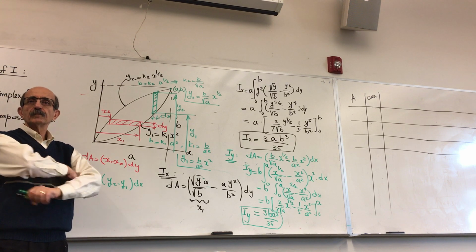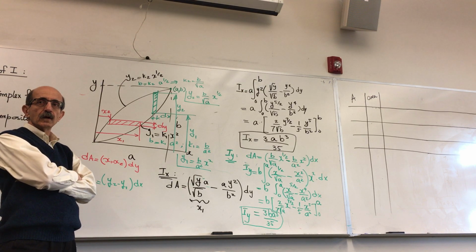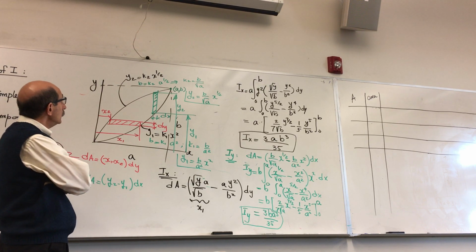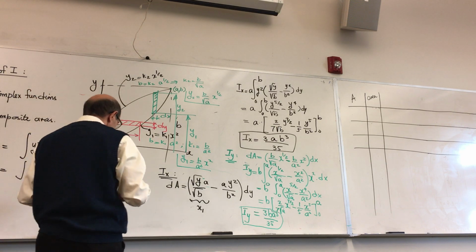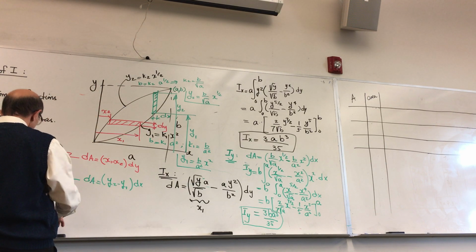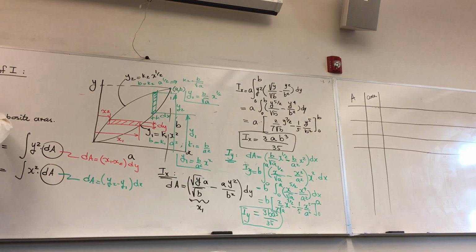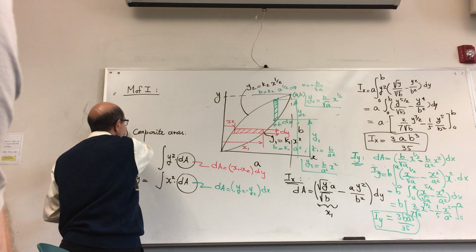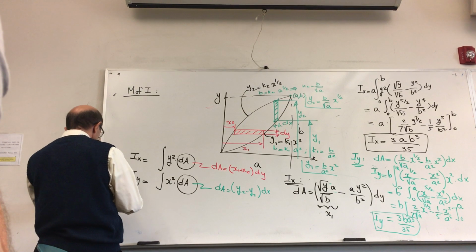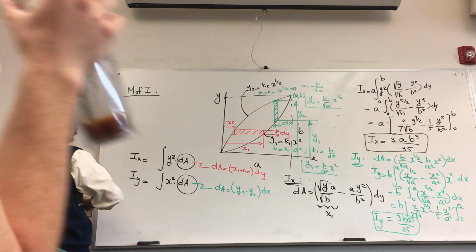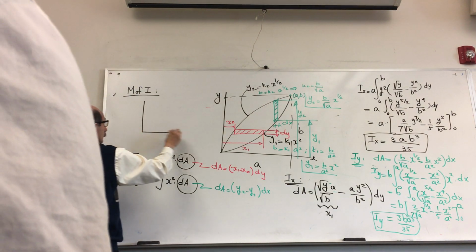Can you show again the replacing, like k equals b over root a? How did you do that? Oh, here? Yeah. If you don't mind, I will just erase this part here. So let's say you had these two functions.